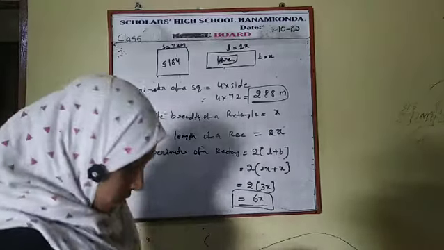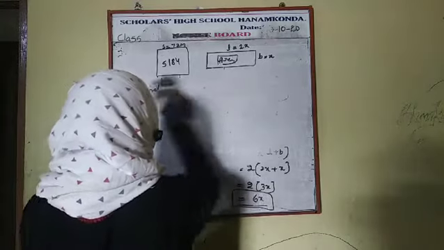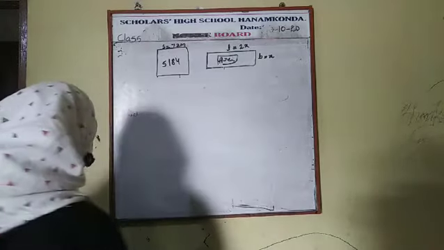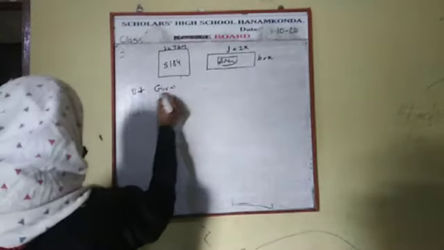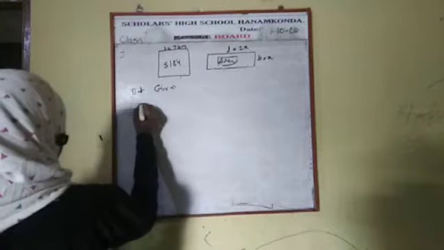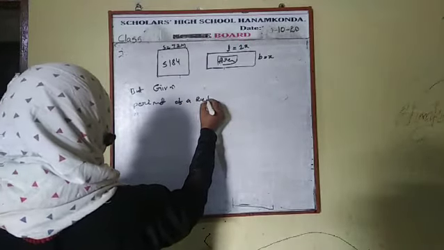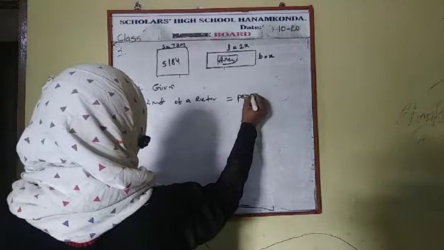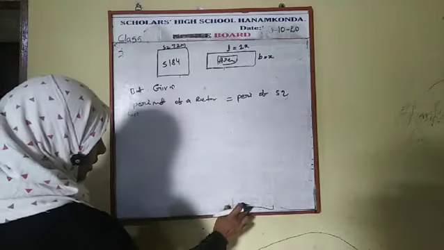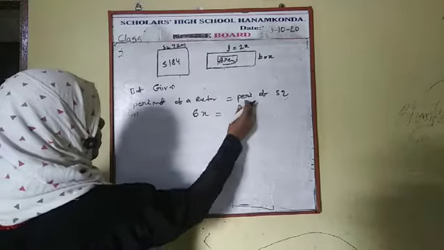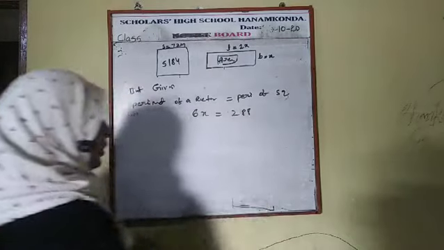Next step. Now write down. Given the perimeter of a rectangle is equal to the perimeter of a square. Perimeter of a rectangle is 6x. Perimeter of a square is 288.